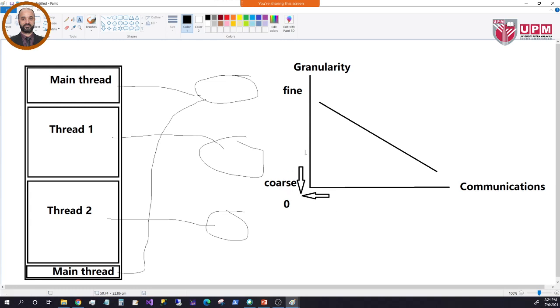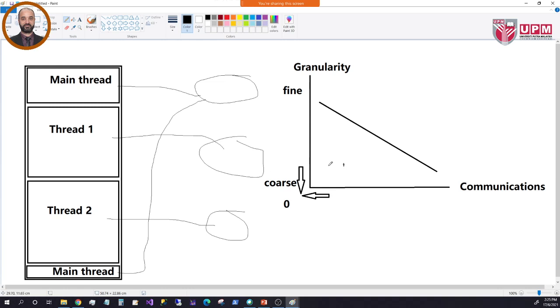So if the granularity increases, we divide the program into two pieces, for example, or three pieces. So the granularity is very low, right? Because here we have coarse granularity. Our program is, for example, something like here.